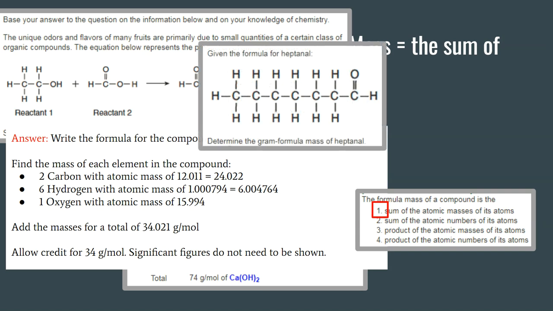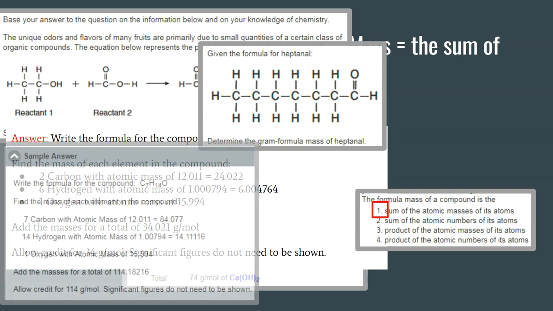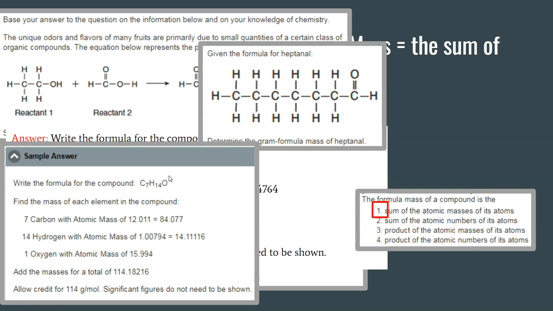Given the formula for heptanal, determine the gram formula mass of heptanal. Given the structural formula, we need to count the total number of atoms present for each element to get its molecular formula. Doing so will tell you that there are 7 carbons, 14 hydrogens, and 1 oxygen present.